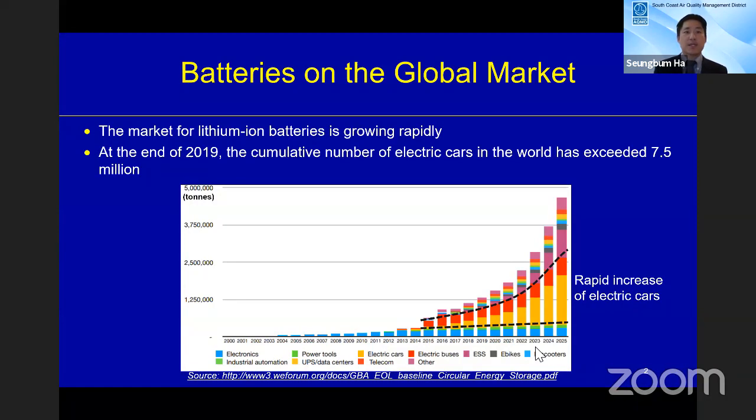From an economic standpoint, about 20% of total battery price comes from rare materials, including lithium, nickel, cobalt, and aluminum and copper that we can recycle. So reuse or recycling of batteries can be a positive contribution from both environmental and economic perspectives.